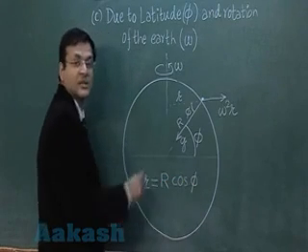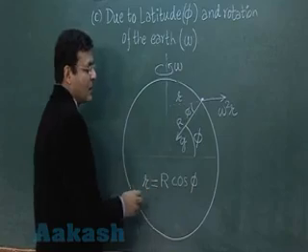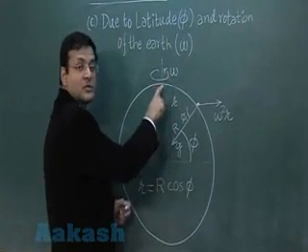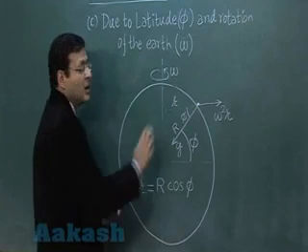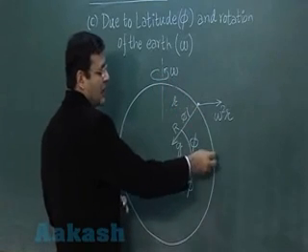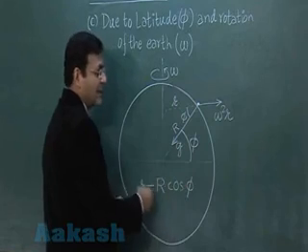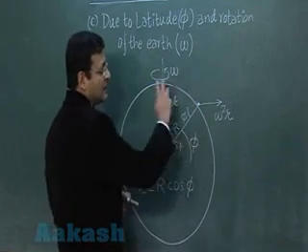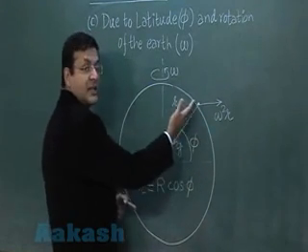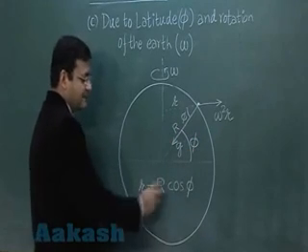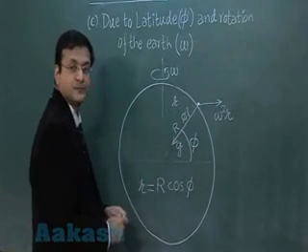You understand? The small r which you have taken will be varying from place to place. If you are on the poles, the value of small r will be 0. If you are coming down up to the equator, the value of small r will become maximum and equal to capital R itself. But on some other places of latitude, say 30 degree, 40 degree, the value will be different, expressed by capital R cos phi.